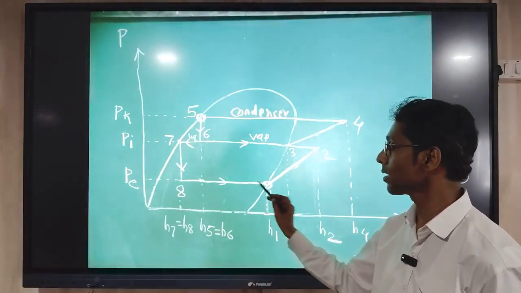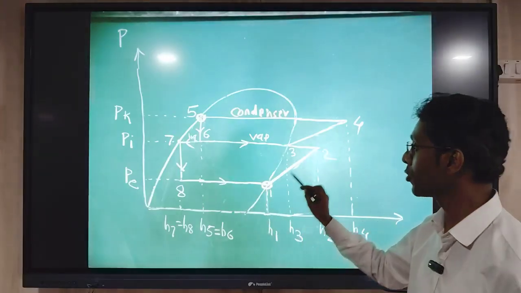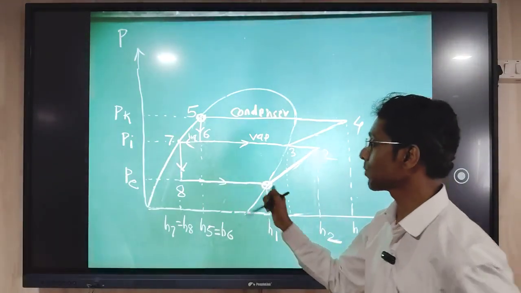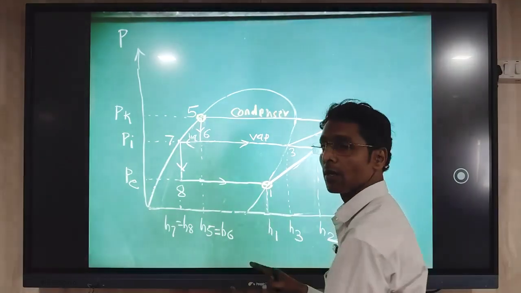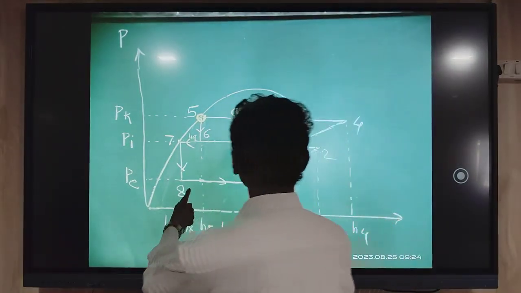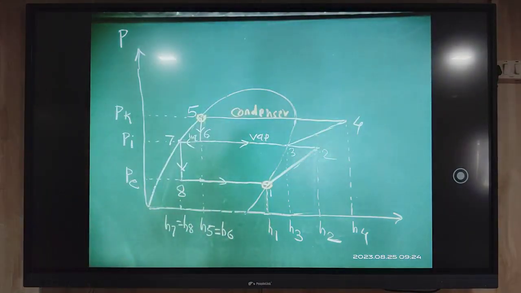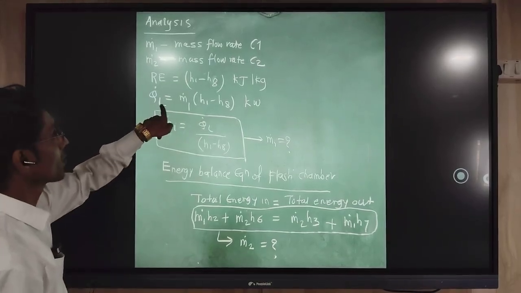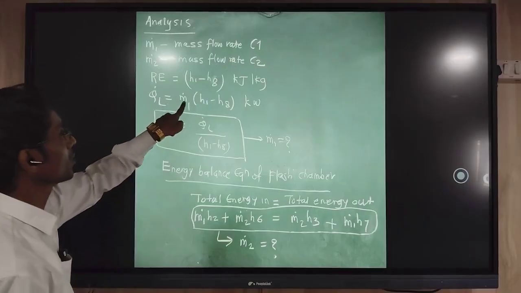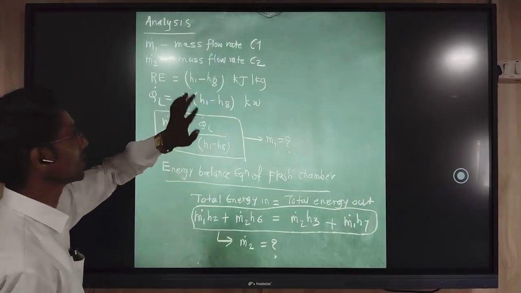For the process which is happening here, the mass flow rate M1 dot multiplied by the refrigerating effect, that is H1 minus H8. H1 minus H8 multiplied by M1 dot will be the cooling effect. So here we have written this formula: Q dot L is equal to M1 dot into H1 minus H8.